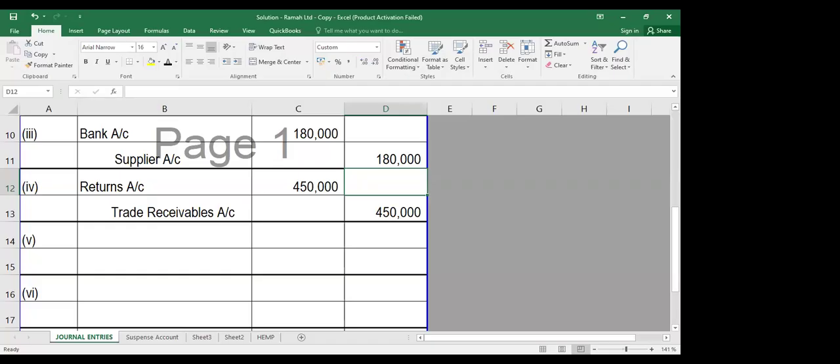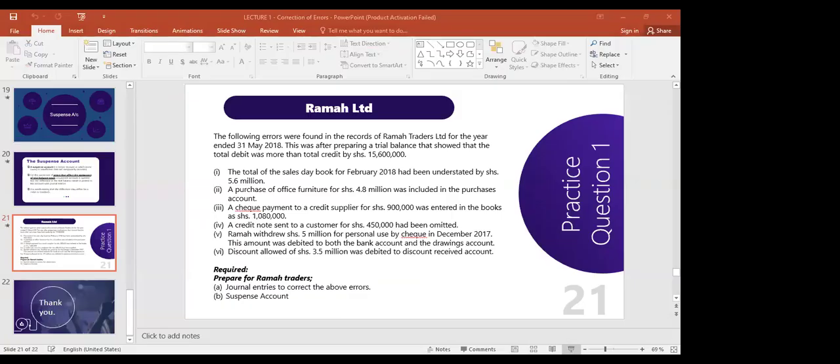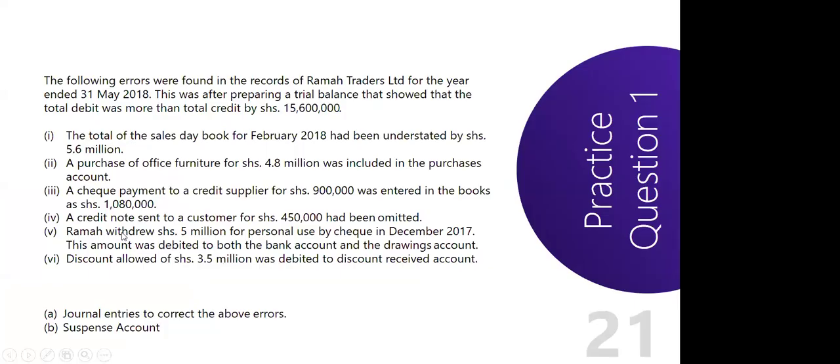So we shall go to another scenario. Number 5: Rama withdrew 5 million for personal use by check in December 2017. This amount was debited to both the bank account and the drawings account.